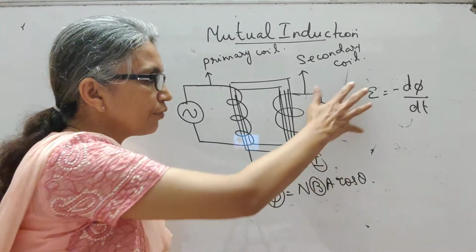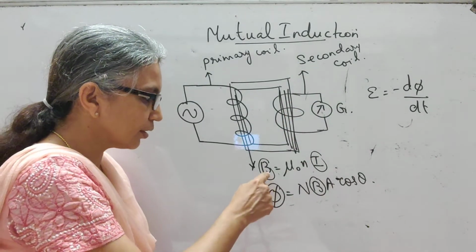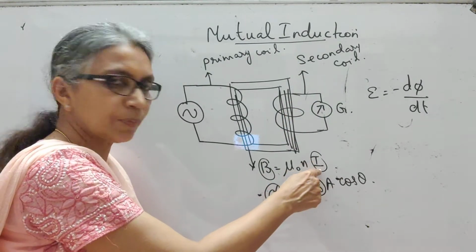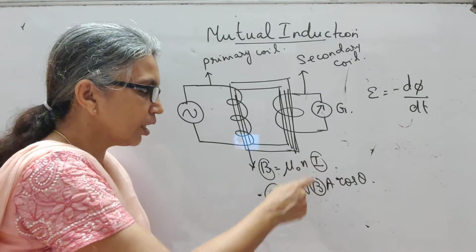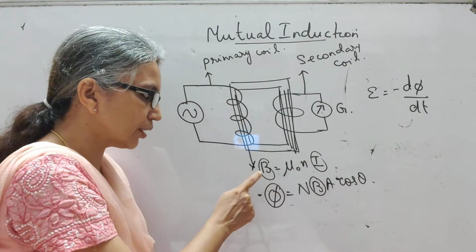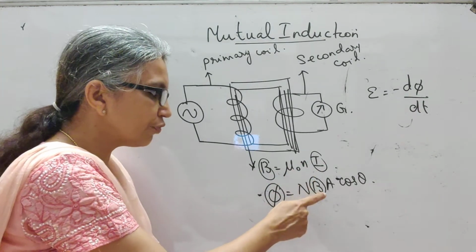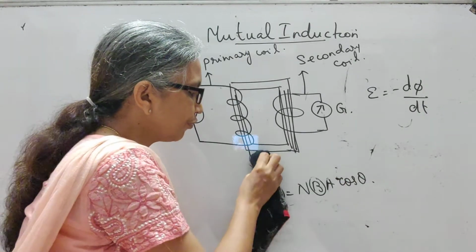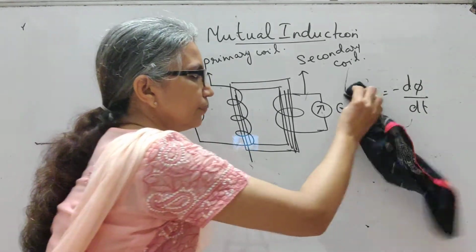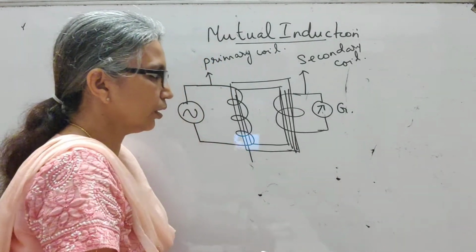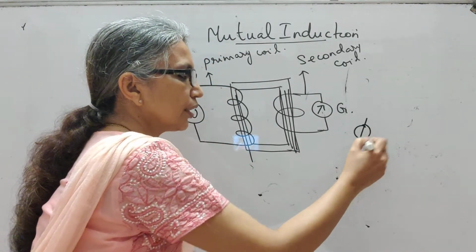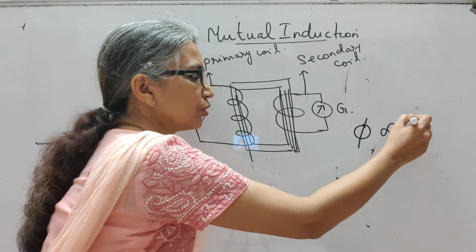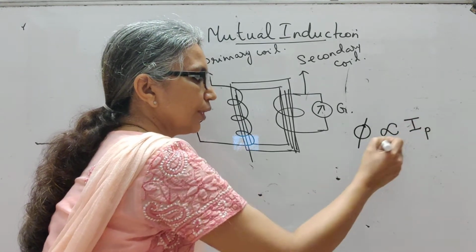Now from this you would have noticed that this flux is directly proportional to I, because suppose I is increasing, B will increase, and if B increases, the flux is increasing. So you may write that the flux in the secondary coil is directly proportional to the current in the primary coil, right?